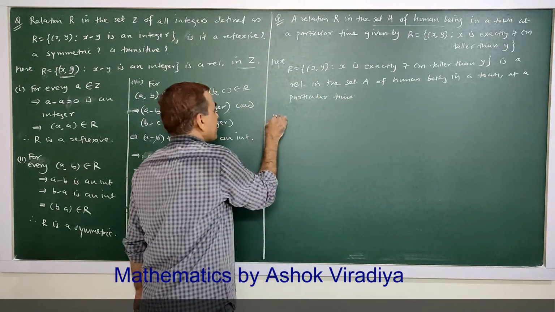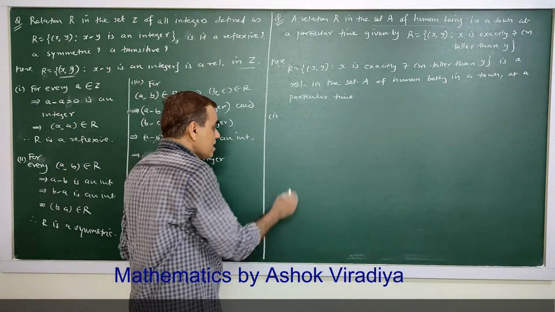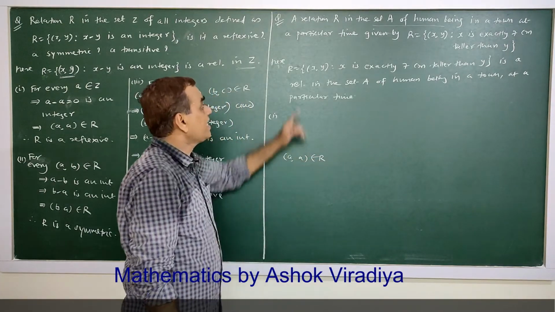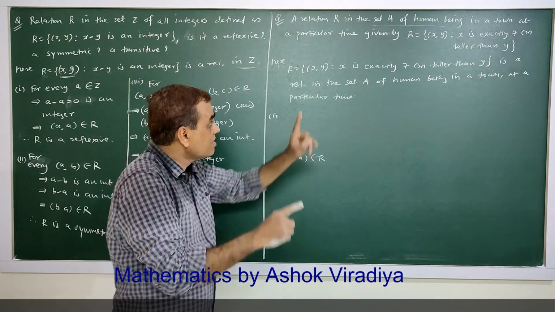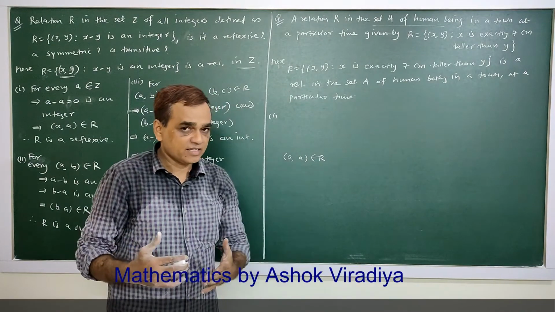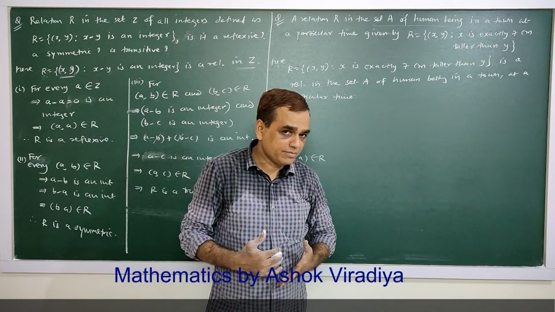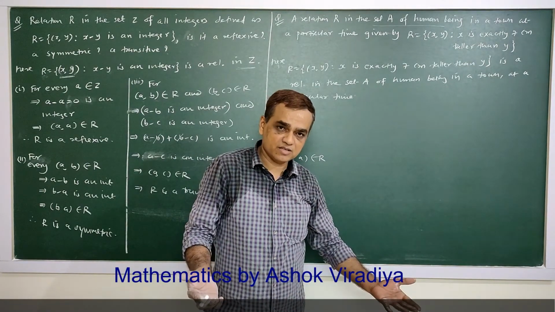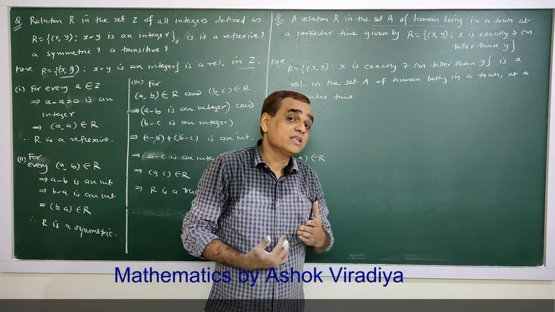Now let me check the properties. Say AA belonging to R. AA can belong to R if A is exactly 7 centimeter taller than A. Any person being exactly 7 centimeter taller than himself or herself is not possible. How is it possible that anyone is 7 centimeter taller than himself?